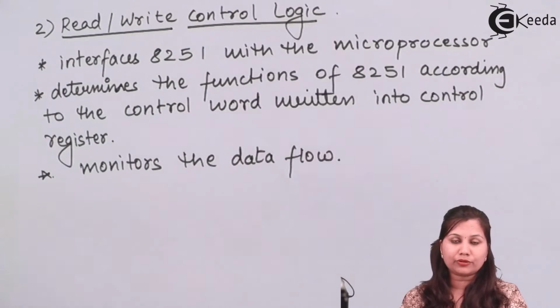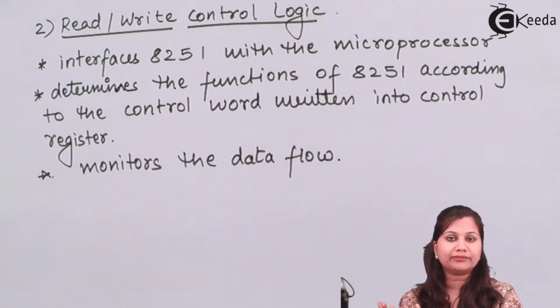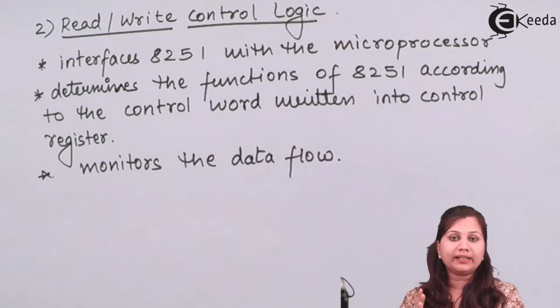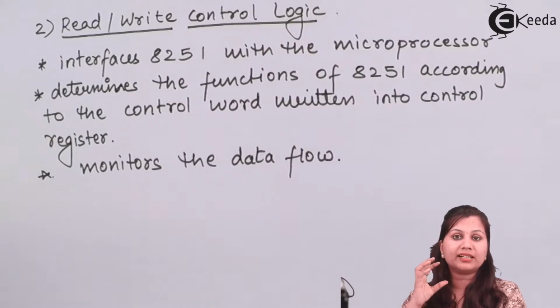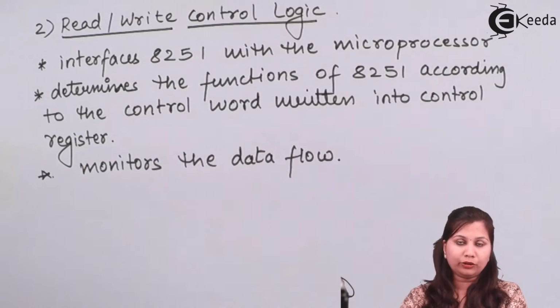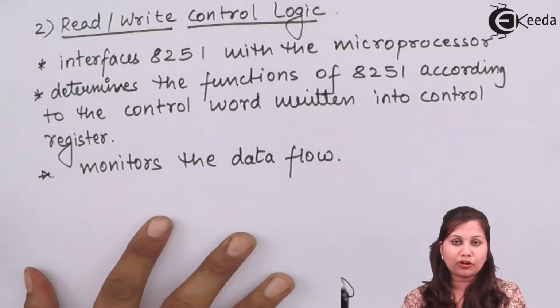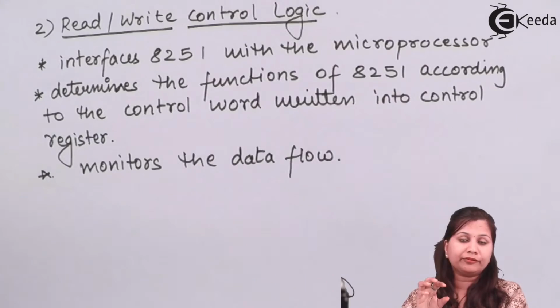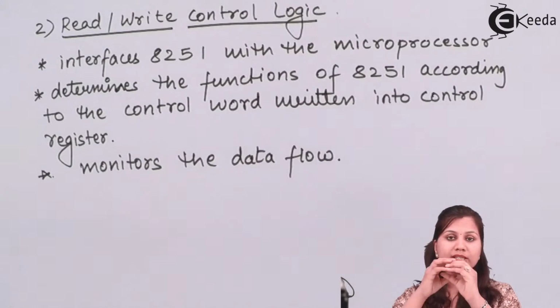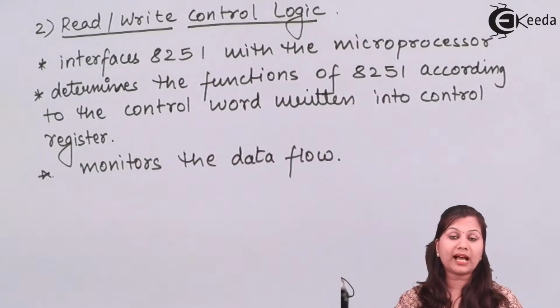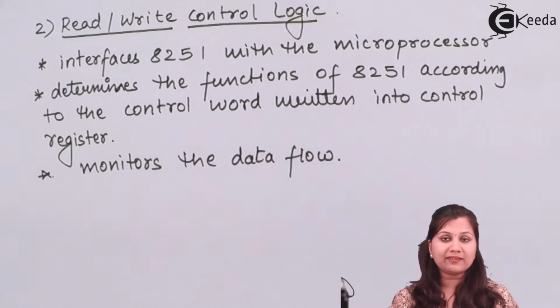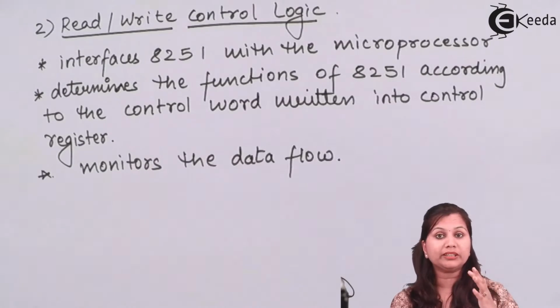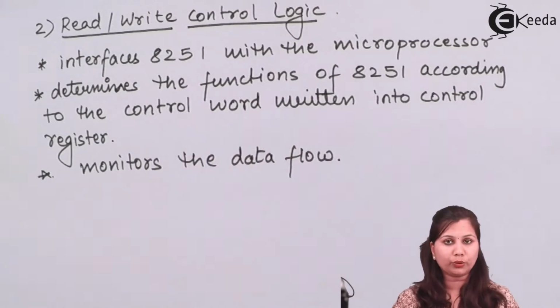Also, it determines the functions performed by the 8251 because the microprocessor is sending the commands to the 8251 through this read and write control logic. The microprocessor is going to write the control word into the control register, and according to the status of the control register, the modes and functions of the 8251 will be decided. So basically we can say that the microprocessor is controlling the functions of the 8251 through the control register.